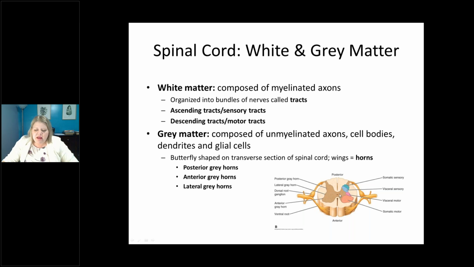So the butterfly shape has a few horns on it. When we're looking at it, there is a posterior gray horn, an anterior gray horn, and a lateral gray horn, right? And different things are happening in each of these horns.